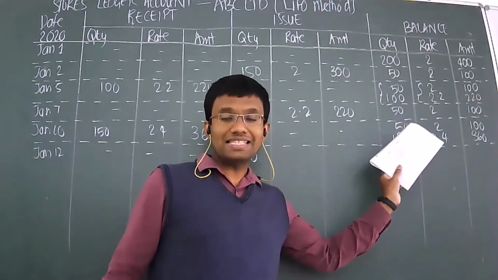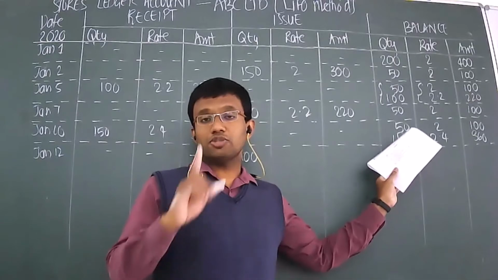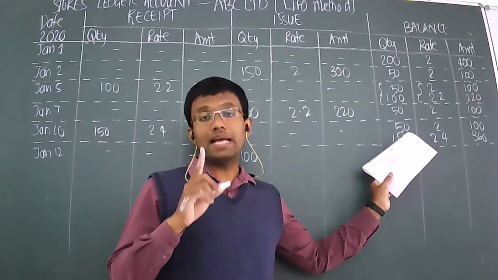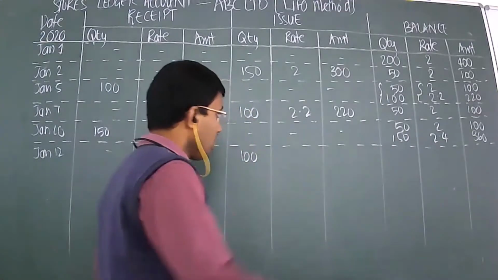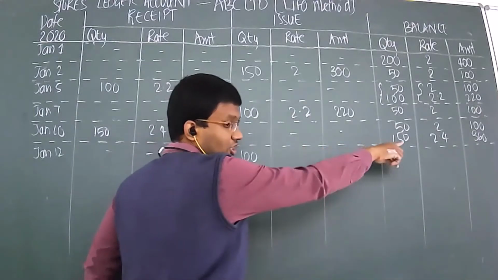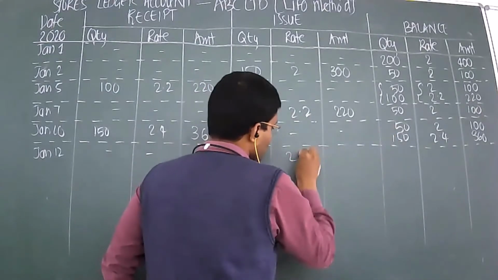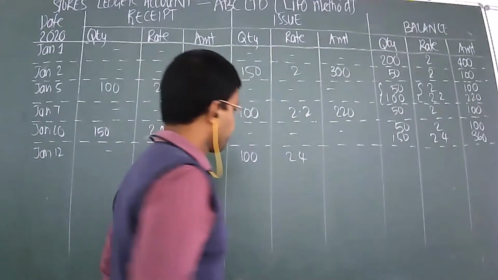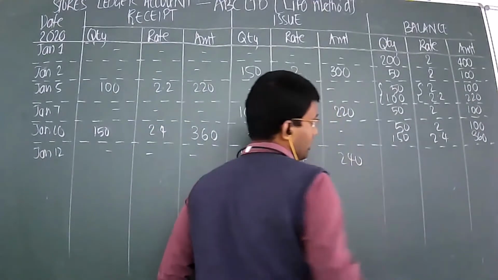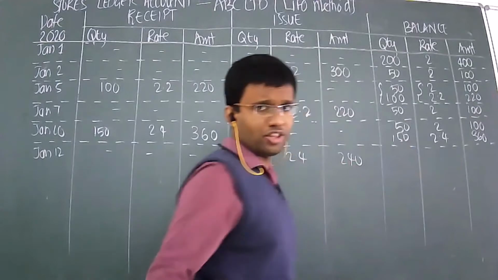You will issue from the recent batch. Why recent batch? Because remember, the rationale that we are following is LIFO, last in, first out. This 100 units, since you're issuing from the recent batch, this was bought at 2.4 rupees, and it works out to be 240. Now let's record the balance.